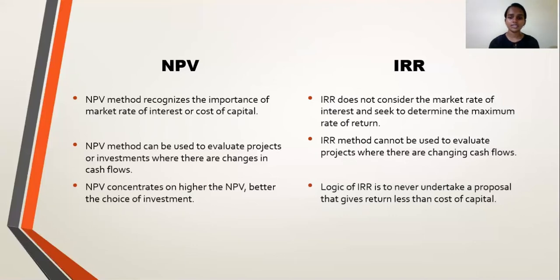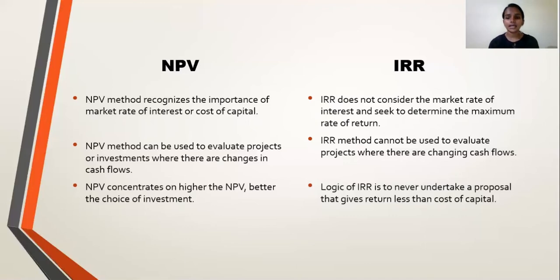This can be a contradictory statement, because when it comes to consideration of two projects, we are determining which project is giving you a higher NPV. So at that point I think NPV is beneficial. We'll get to know whether to invest in this project or not to invest in the other project.